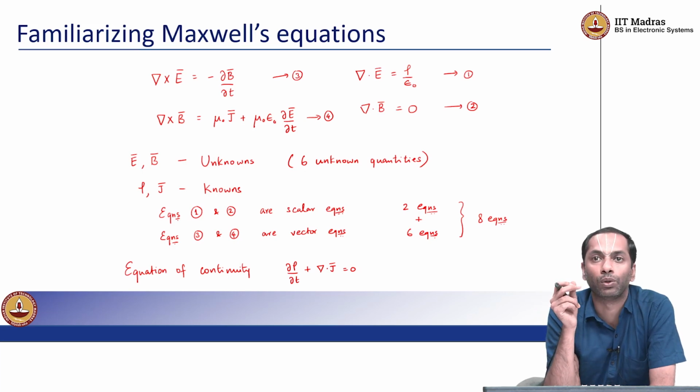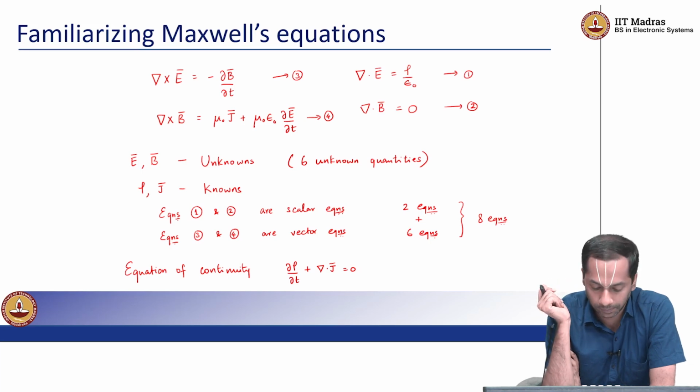So you can see that if dou rho by dou t is positive, that is, it's increasing. So if I take an infinitesimal volume at any point in space and I notice that the charge density there is increasing, then I expect currents to be flowing into this point, right? There's no other way that these charges could be appearing at that point, right?